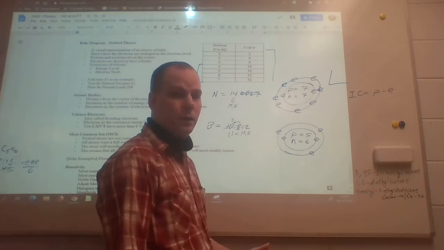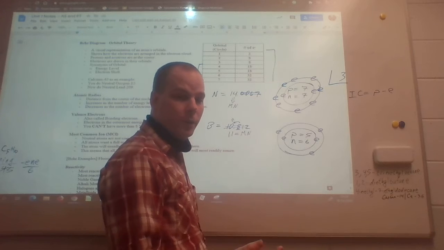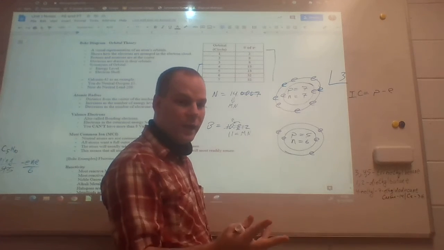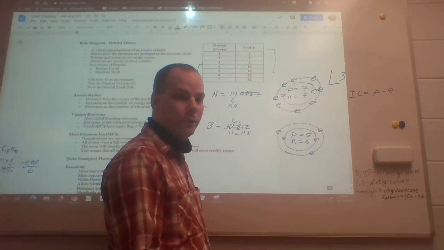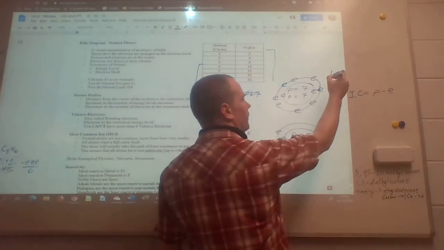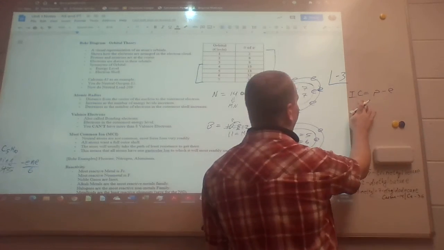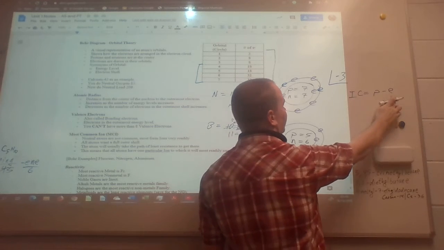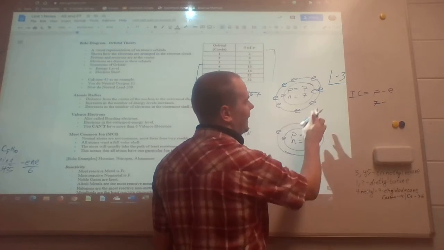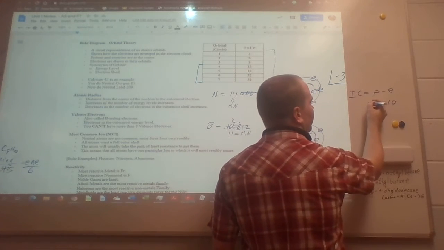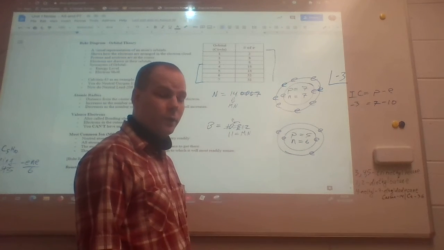Well, we added 3. So that's going to be the magnitude of the charge. Is it going to be positive or negative? Well, do we have more electrons, which are negative, or do we have more protons, which are positive? We have more electrons, so it's going to be -3. Or we can use this equation here. Ionic charge is protons minus electrons. We have 7 protons, and we have 10 electrons. So 7 minus 10 is -3. Both of those will give you the correct answer.